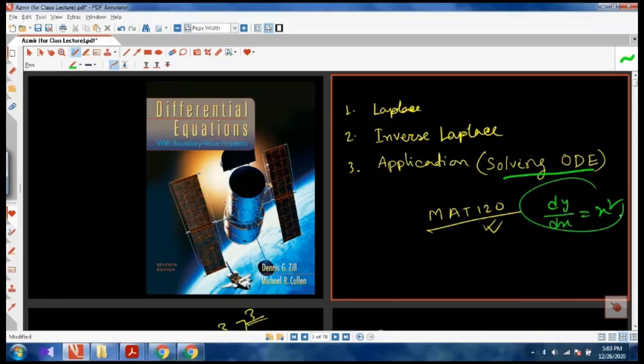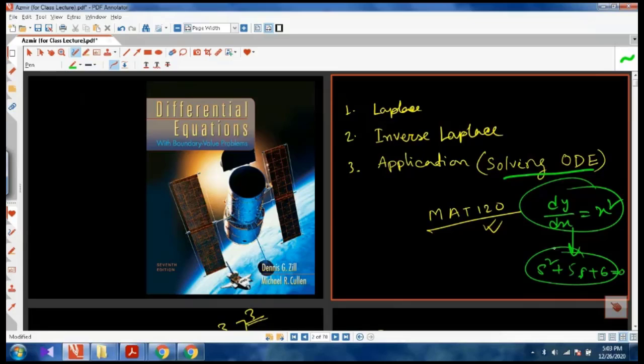So if we apply Laplace transformation to this differential equation, this actually may give us an algebraic equation like s squared plus 5s plus 6 equal to 0. And you know, dealing with algebraic equation is very easy for us.